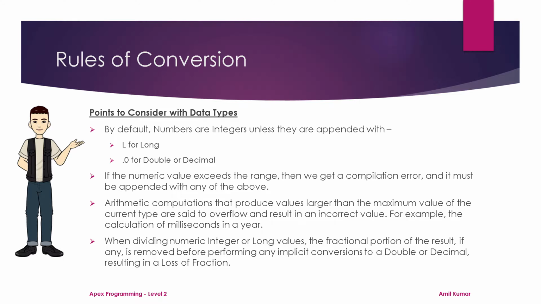Though you will get the result in a double or decimal value, you won't get the fractions that should be there. The reason is that if you are operating on two integers, the result will be an integer and it will not have any fractional part. When you assign that integer to a decimal, it does the implicit conversion and just adds a .0 to it.